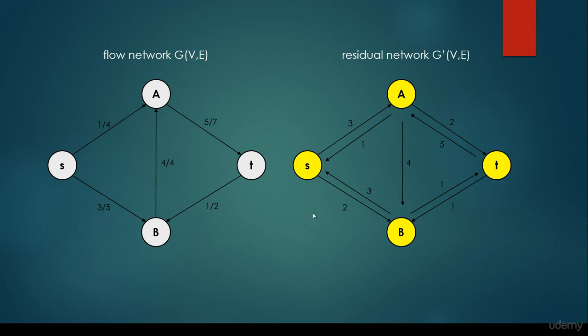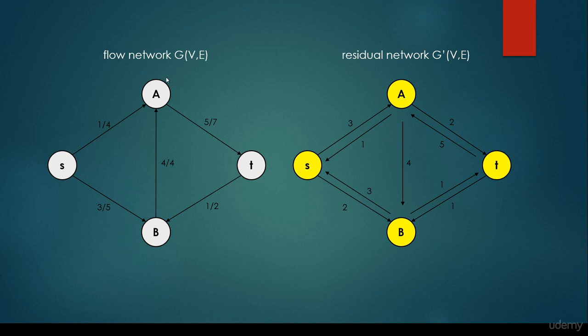And if we are not able to find any more augmenting path in this residual network, it means that it is the end of the algorithm and we have managed to find the maximum flow in the original flow network. So basically this is why it's crucial to construct the residual network, because we are going to look for the path in the residual network and not the flow network.